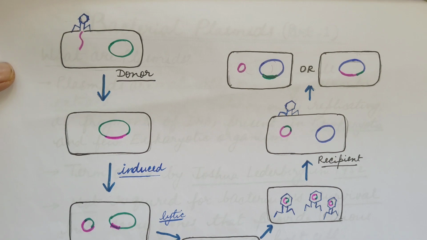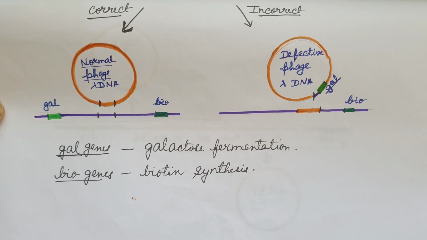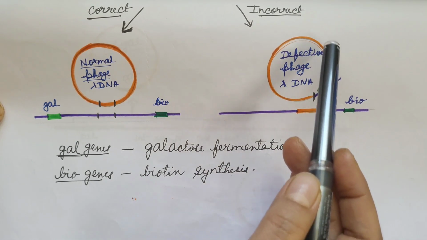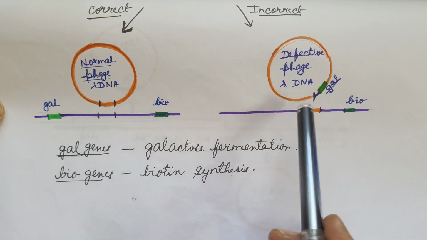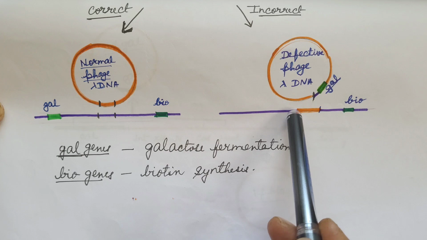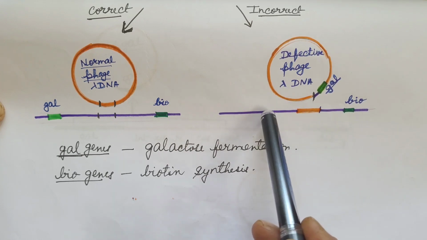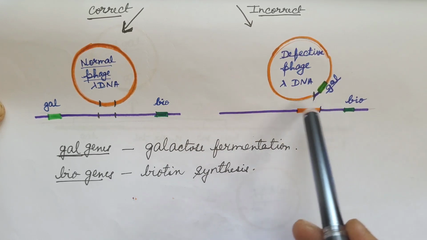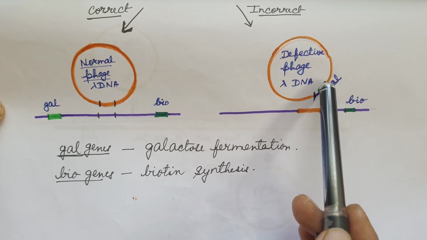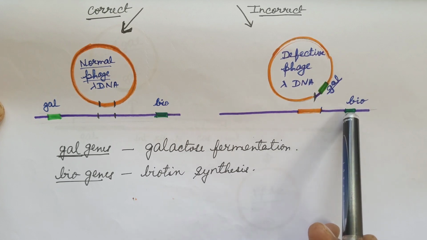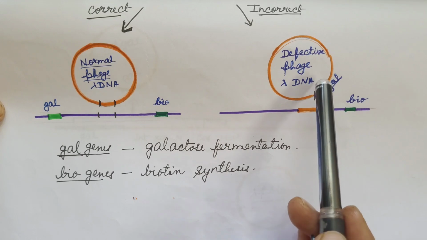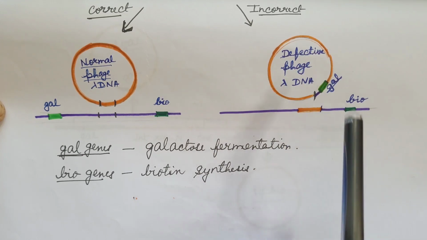These are not random. For example, with phage lambda and E. coli, during incorrect excision of the prophage, part of the phage lambda DNA remains integrated and the bacterial gene adjacent to the integration site of the prophage is excised. In this case, gal or bio genes of the bacterial DNA are excised along with the phage lambda DNA.